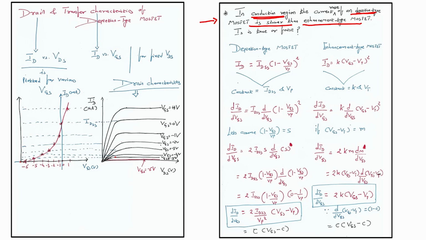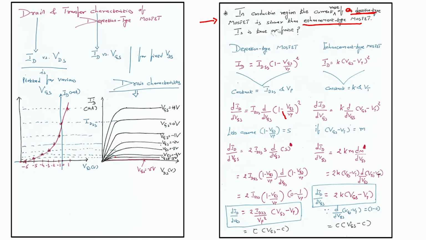Let us read it together: in the conduction region, the current rate of a depletion type MOSFET is slower than the current rate in an enhancement type MOSFET. Is this statement true or false? That is the question, so we have to find out.